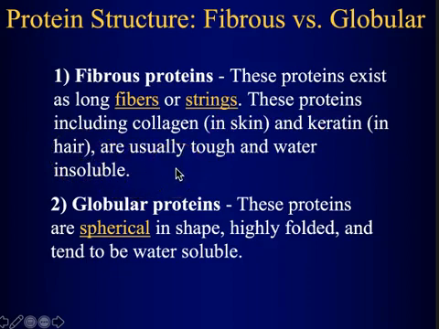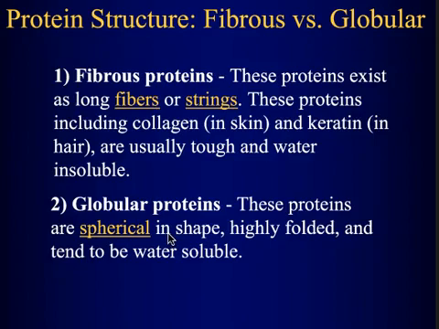They're usually tough and water insoluble, which is a good thing because we don't want our skin or our hair to dissolve in water. Whereas our globular proteins are more spherical shaped, highly folded, and tend to be water soluble. These are the ones that do a lot of the work inside of our body, so they need to be water soluble.